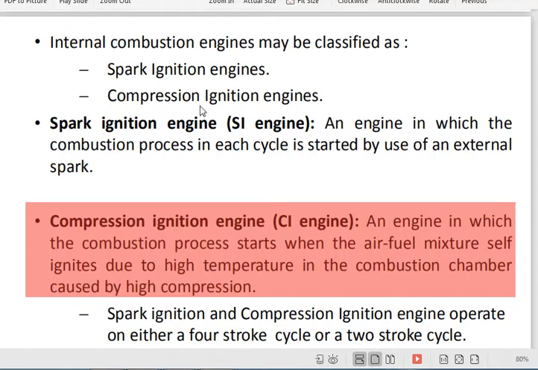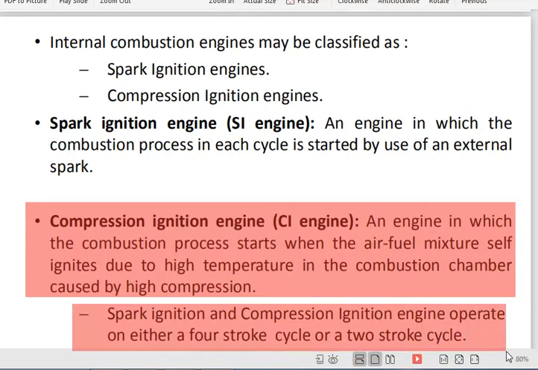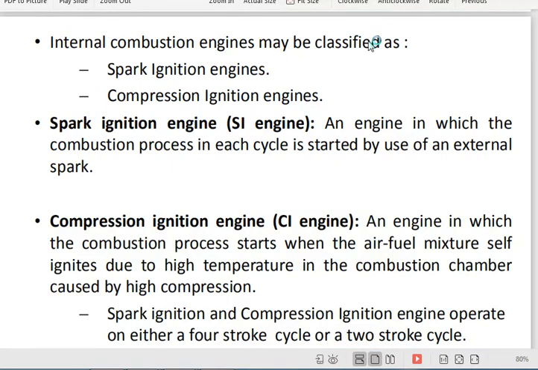So basically both the engines work on a cycle. So there is a 4-stroke cycle and a 2-stroke cycle. Now let us see that in detail.